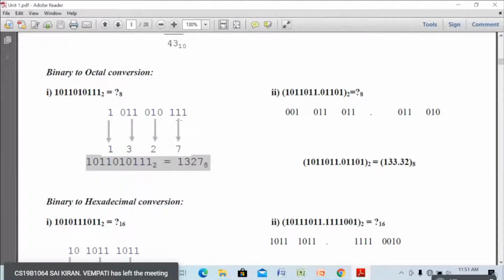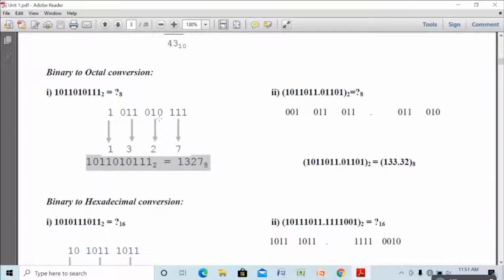The value is 7. Here 2 power 0 is 0, 2 power 1 is 1, so the value is 2. Here 2 power 0 is 1 plus 2 power 1 is 2, so 3. Here 1. So 1327 is the octal representation of this binary number.